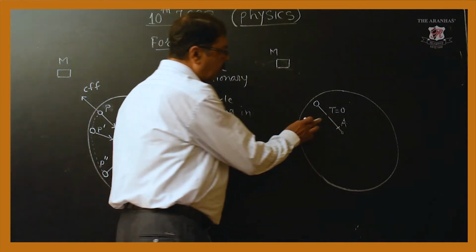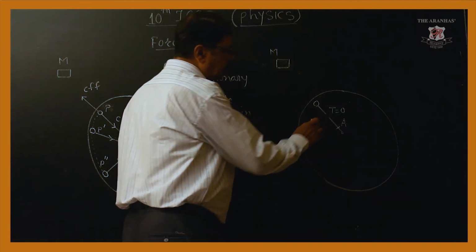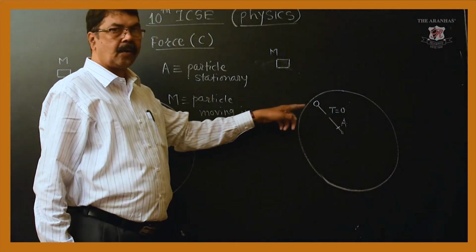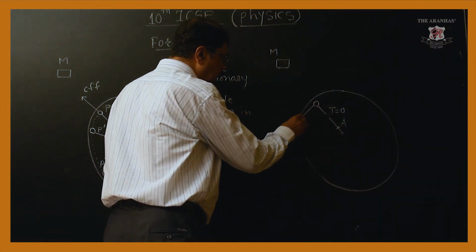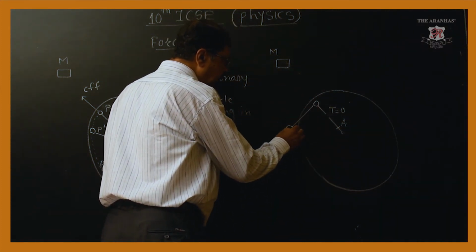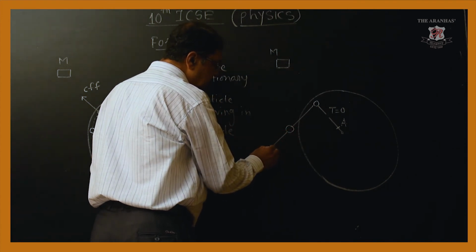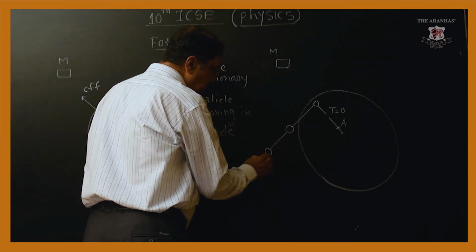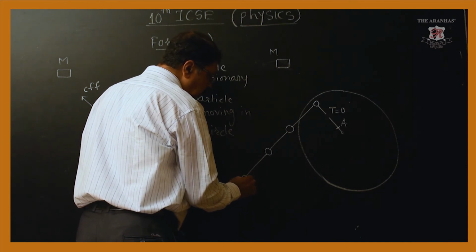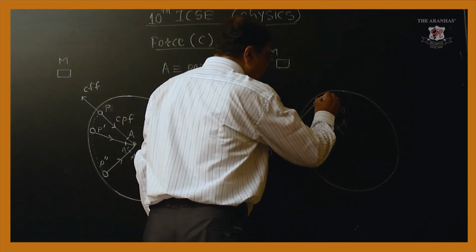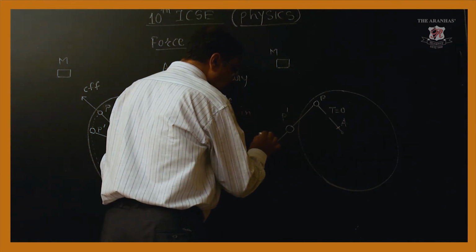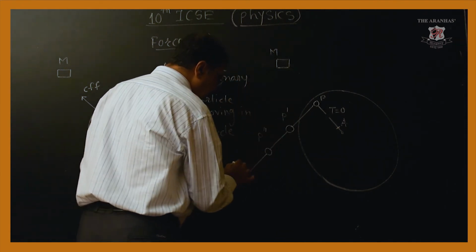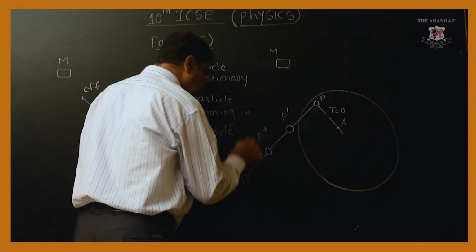Now, what is going to happen to the stool? I have cut the thread. So, what is going to happen to the stool? It is going to move along a straight line tangential to the circle. This was initial position P. Now it is P dash, P double dash, P triple dash.